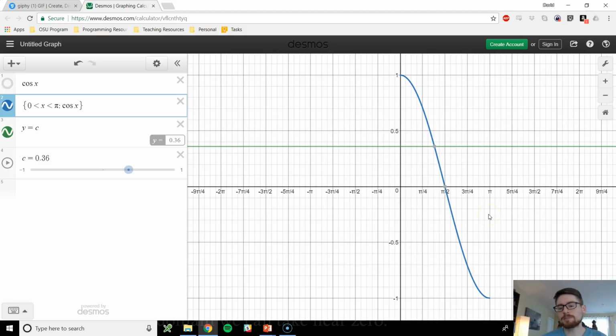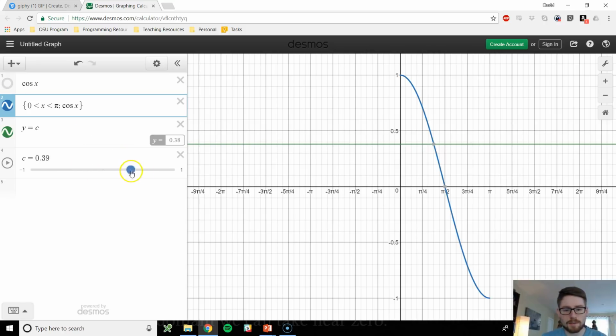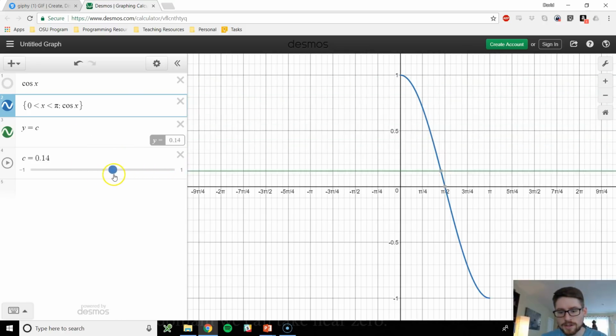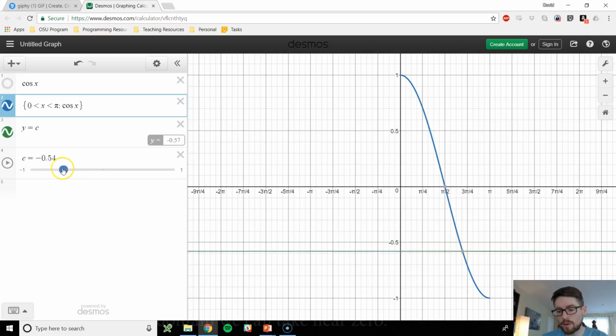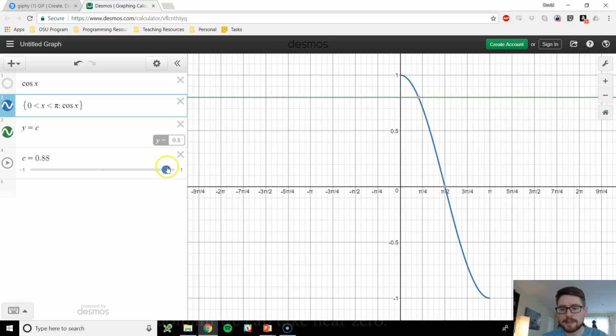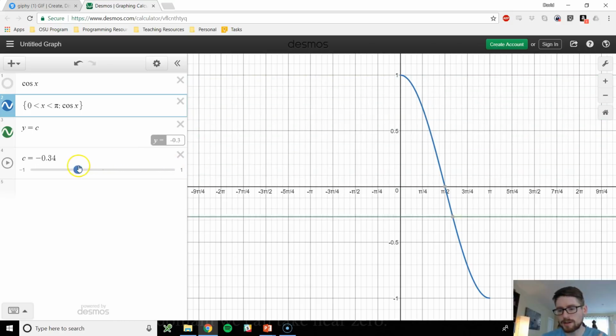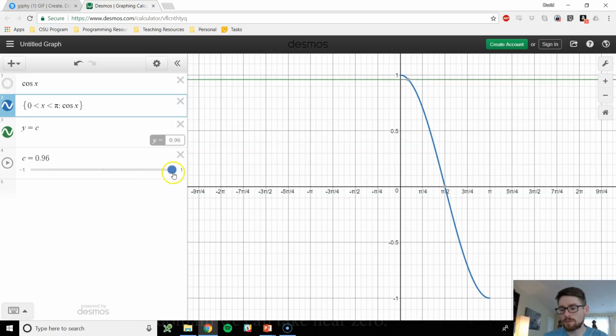And you can see from this picture that it is in fact one-to-one. This is just a part of the cosine's graph, and there's no double hitting when we look at these intersections, right? All these horizontal lines only hit the graph once, okay? And that's the key to it being one-to-one, that every horizontal line intersects the graph in at most one place.